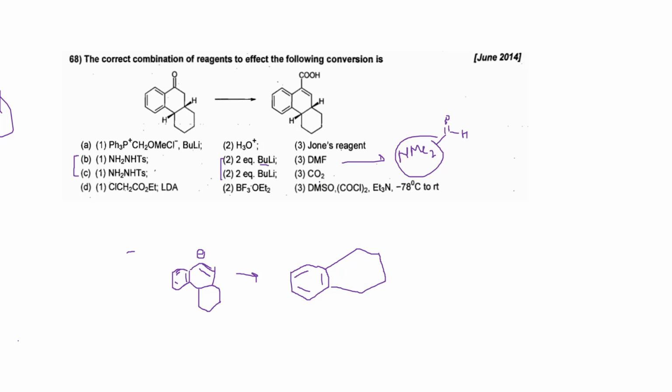But whenever you need a carboxylic acid, the perfect synthon for that is carbon dioxide. So if you add carbon dioxide to this, what will happen?